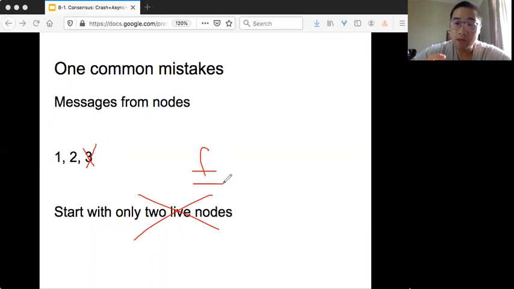So it is very possible that in the execution, at this exact moment, nobody failed, just some nodes that are slow. So in that case, it's still possible that, okay, maybe 3 is slow to me, so I get 1, 2. But 1 is slow to you, so you get 2, 3, okay? But that doesn't mean that one of the nodes already crashed. So if you start by saying that, okay, I already have some faulty node, I can just include that node, then this is a false direction, okay?